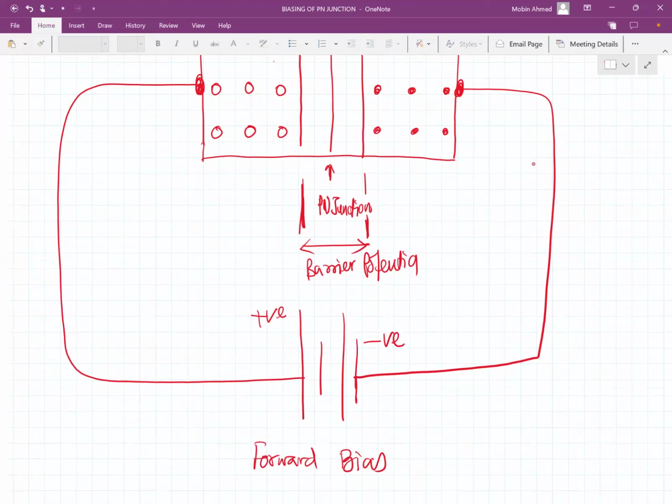So here the negative is connected to the N, and the positive is connected to the P.